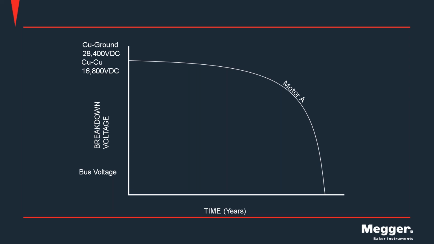So here we see we have a motor A, and of course, when that insulation drops below bus voltage, that's where the failure is going to occur. But we might also have motor B, and motor B is the sister motor of motor A, if you will. It's exactly the same design, but for some reason it's living half the life.